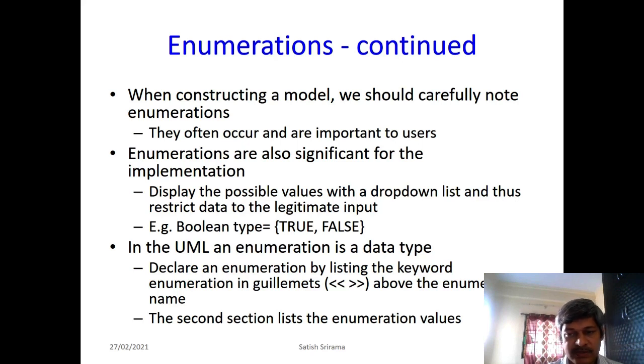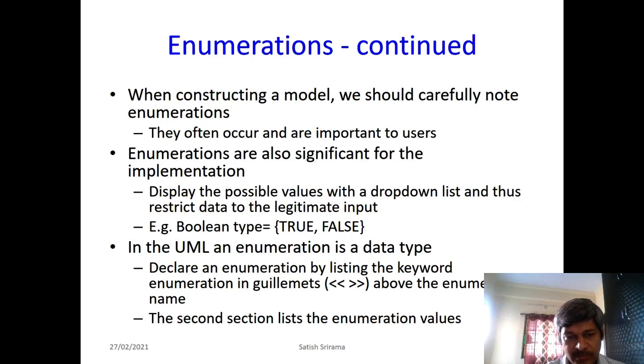For example, a boolean type can be true or false. If you give a free input area, some may type a capital T, some may use the wrong spelling, some may put small cases, some may put capitals. Why do all those things? Have a drop down list and just mention true or false. Then all the input will be legitimate for that particular data.